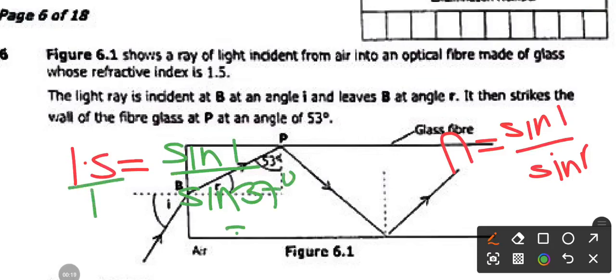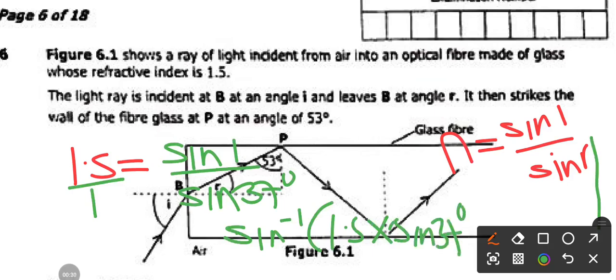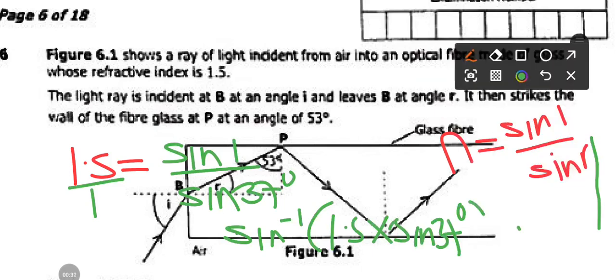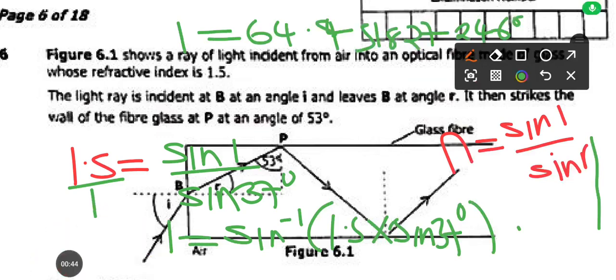So I is the sine inverse of the product of 1.5 times sine 37 degrees. Let me quickly calculate. So we have that I is equal to 64.45 in decimal numbers. So this is approximately equal to 64.5 degrees as our angle of incidence.